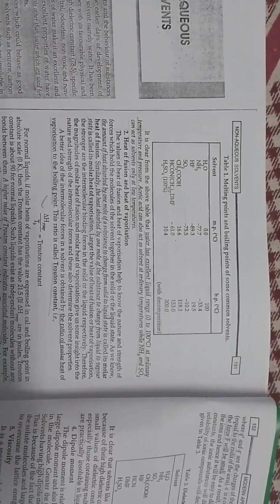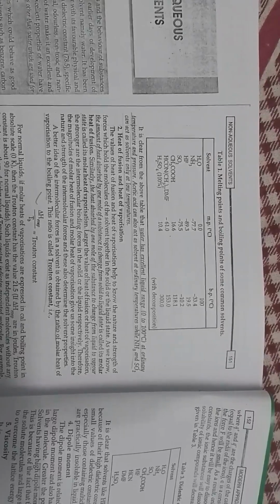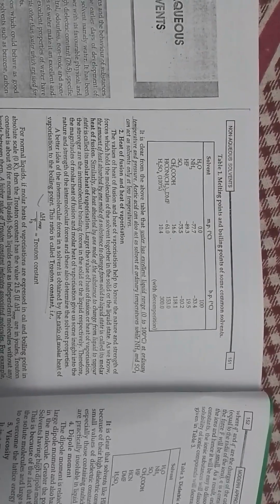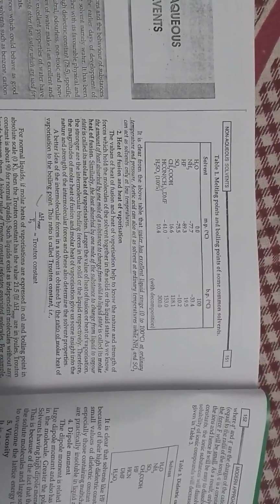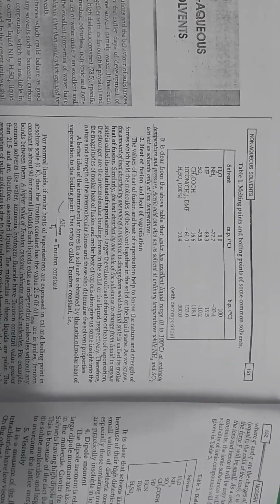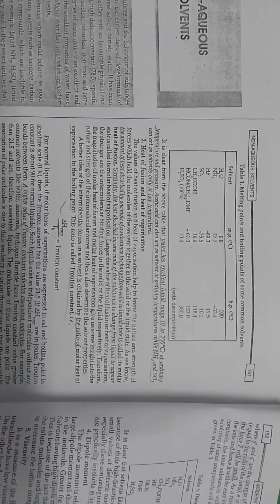NH3: melting point minus 77.7, boiling point minus 33.4. HF: melting point minus 89.3, boiling point 19.5. SO2: melting point minus 75.5, boiling point minus 10.2 degrees Celsius.